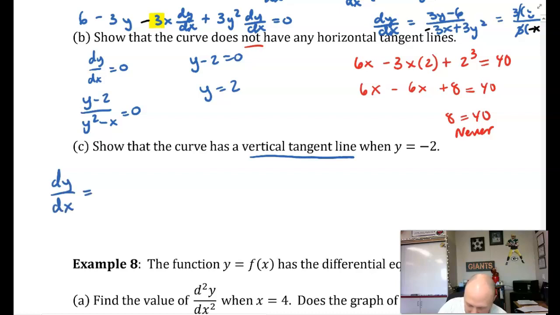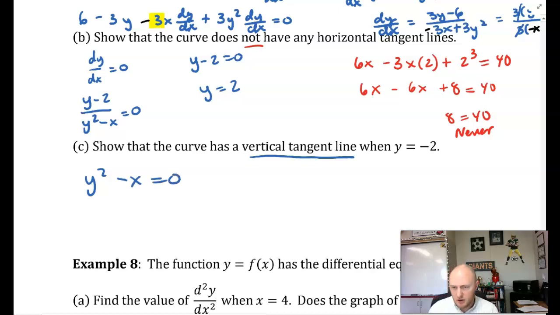So dy/dx is equal to some number over 0, where it's undefined. So this is going to be y squared minus x is equal to 0. If I solve this, we get x is equal to y squared, and my y value is negative 2. So x is equal to 4.